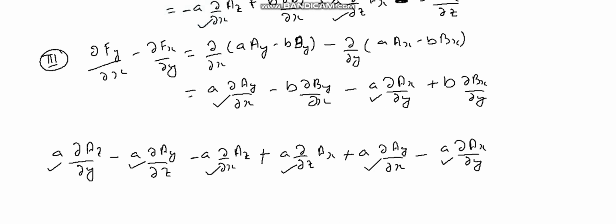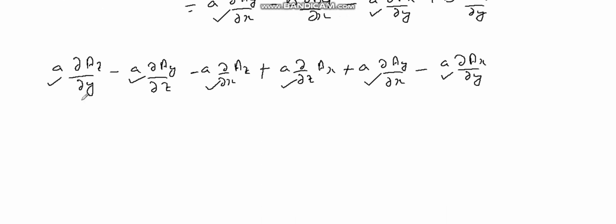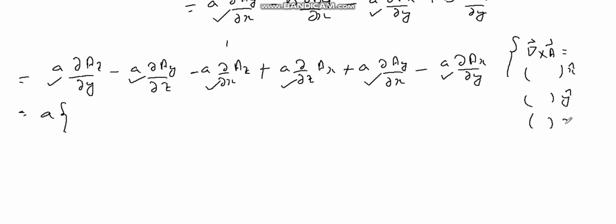Yeah, so but first of all, what we can do, we can take a out common and take it outside. Now what we know is del cross a, three terms will be there. Okay, so we will just rewrite these terms in a way so that it will look like del cross a.